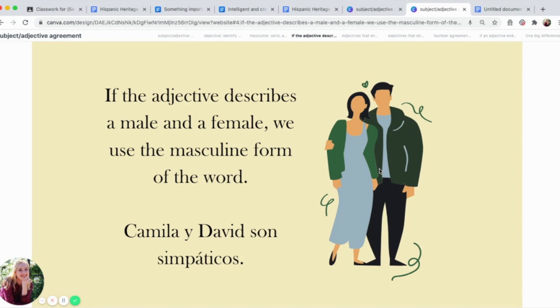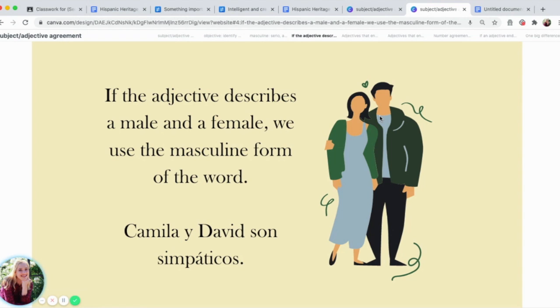Nosotros means we. If we're describing a group of just girls, we would say nosotras, okay? But the second we're describing a boy too, even if it's like 90 girls and one boy, because we put that male in there, now we have to use the male form, nosotros. So it works that way with subject pronouns. It also works this way with adjectives.